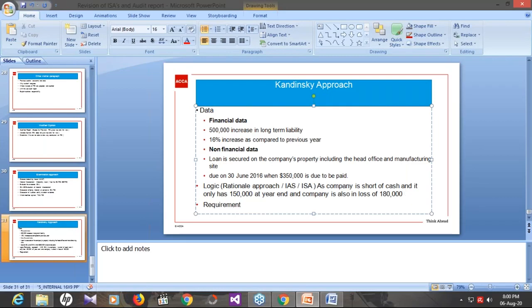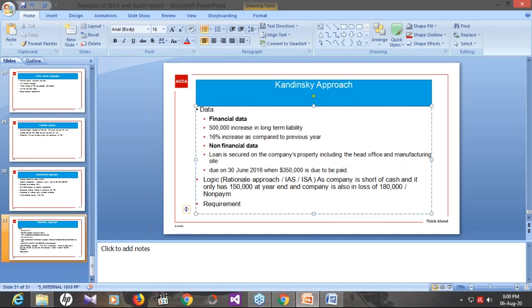So these two points compounded with the non-payment problem, because if we do not pay in time, that is 30th June, what will happen?